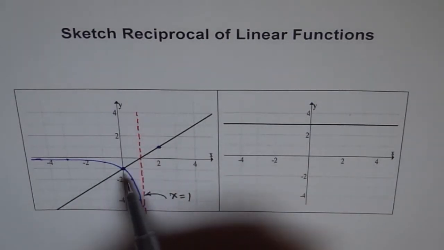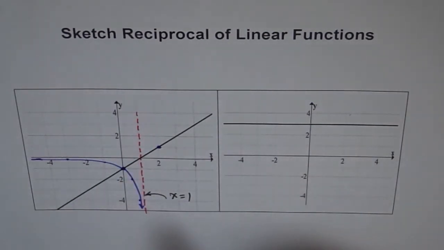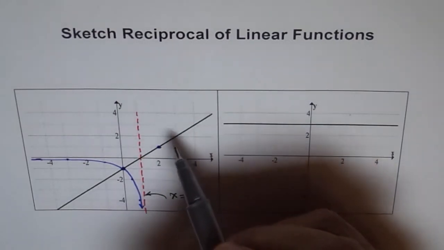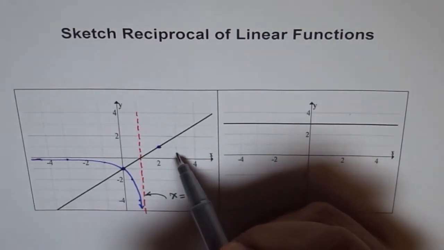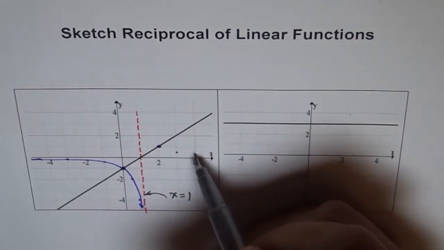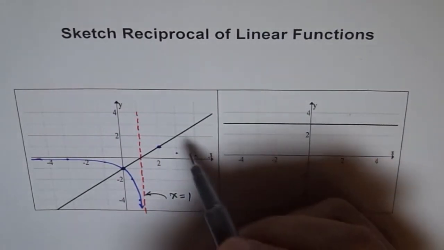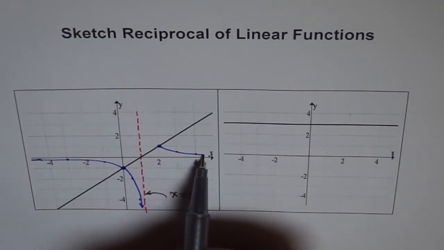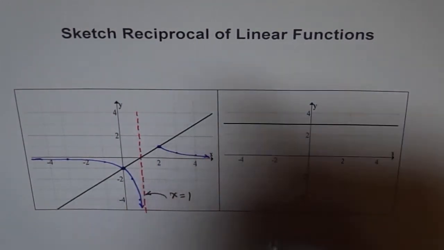So let's draw similarly the reciprocal function in quadrant 1. This was quadrant 3 for us. So in 1, we see as the line here is 2, reciprocal is half, 3, 1 over 3, 4, 1 over 4. So this part of the graph is approaching 0, but from positive side.